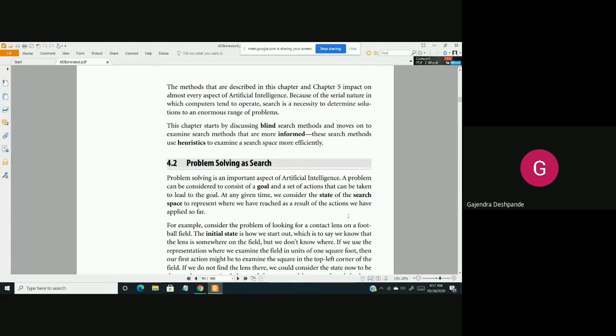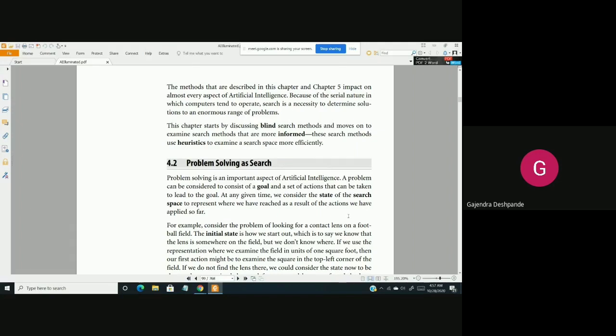In blind search methods, we make use of brute force techniques. Examples of brute force techniques are DFS and BFS, which you have already studied in your algorithm subject. In the case of informed search methods, we make use of some sort of heuristics which will help us to examine the search space more efficiently.